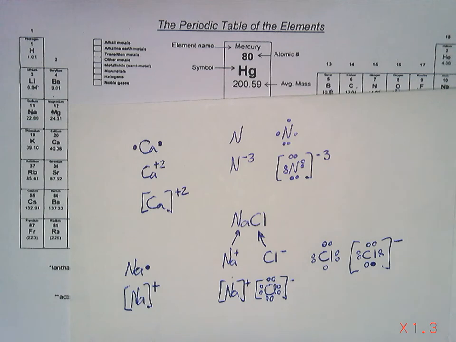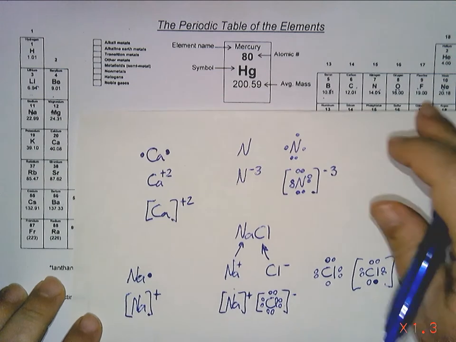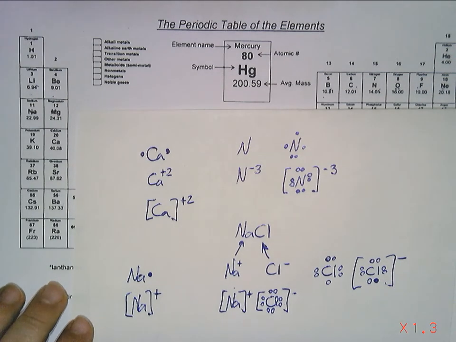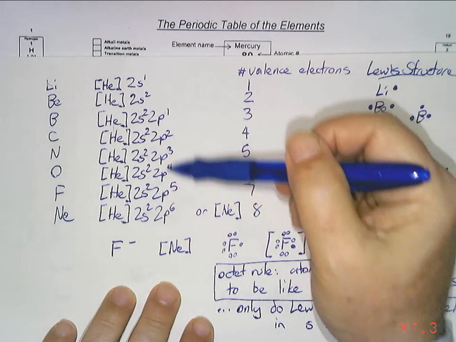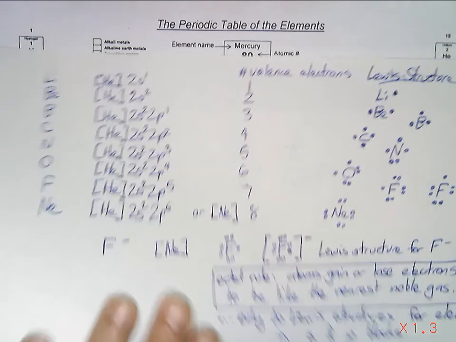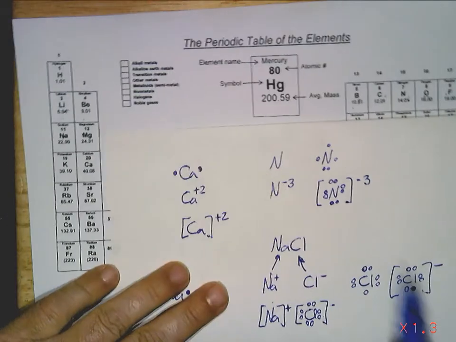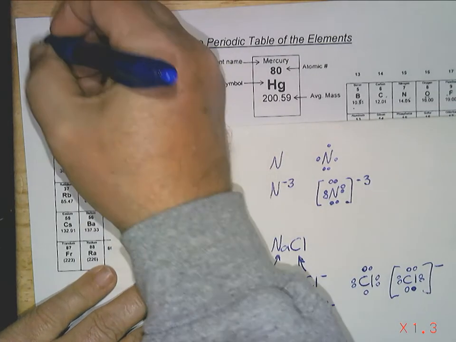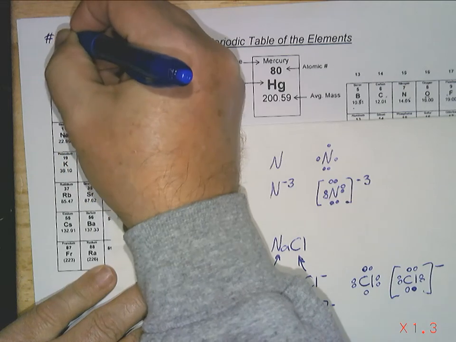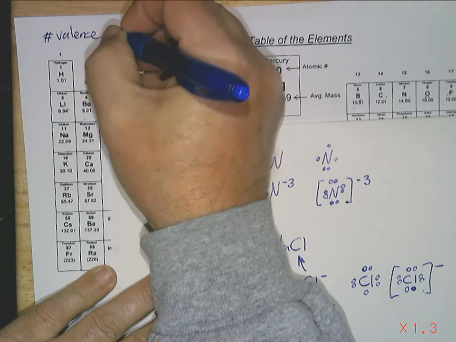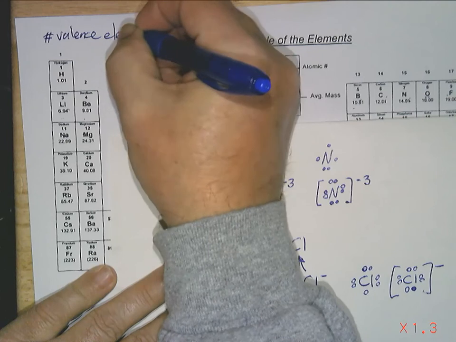Now let's make this a little bit easier. We've been using the octet rule to do the charges on the ions. And we've been looking at the electron configurations to figure out how many valence electrons we've got. But everything in this column has got 1 valence electron.